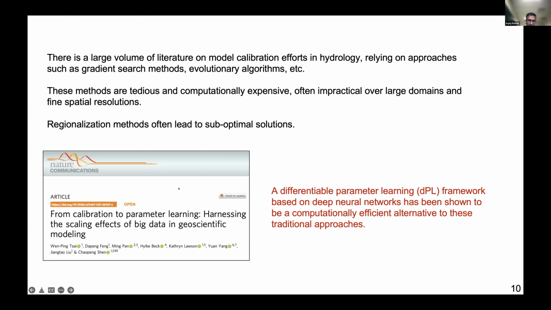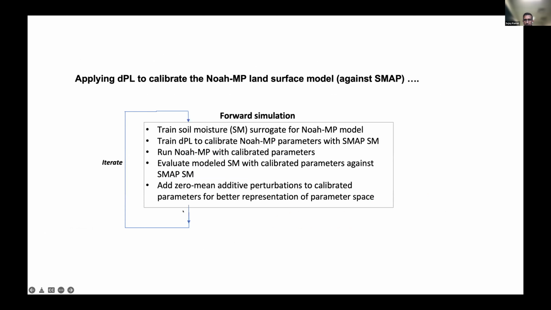There was a new effort by Xiaoping Chen's group on model calibration using a machine learning approach. We used that within our model to calibrate the Noah-MP land surface model. The approach is fairly simple. First, we train a soil moisture surrogate model that emulates Noah-MP.